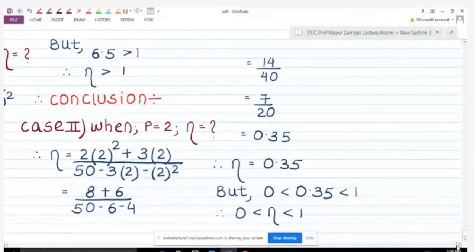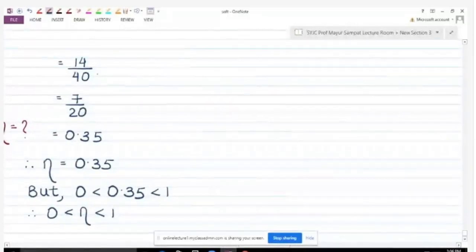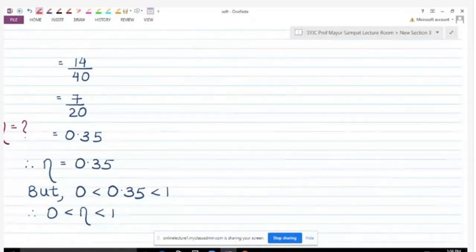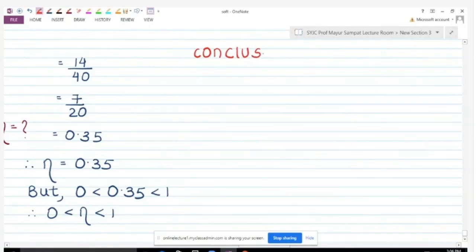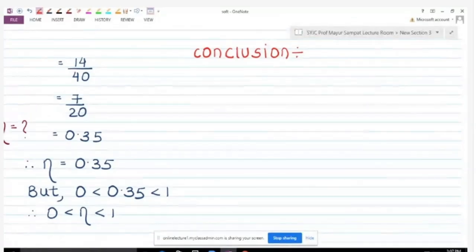Now say a conclusion: the demand is relatively inelastic when the price is 2.